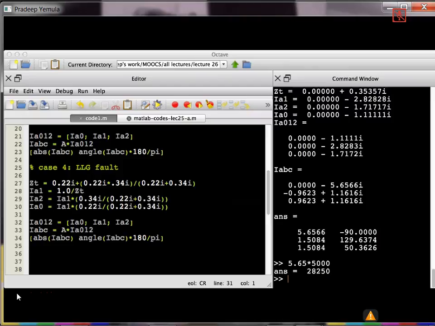So EA equal to 1 per unit, Z fault equal to 0.1 J, neutral impedance is 0.04, and positive sequence is 0.22, and negative sequence is also 0.22. So for this particular data, what I got, fault and IA, IB, IC.